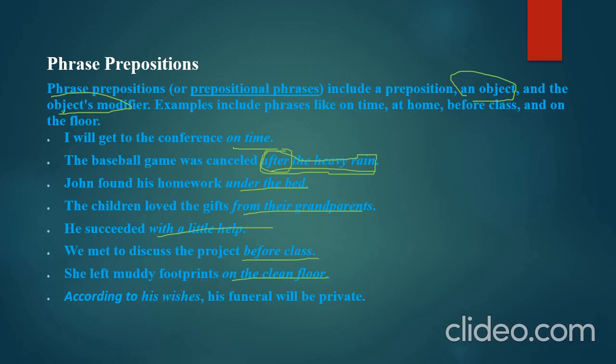According, the whole phrase at the beginning of the sentence is actually a phrase preposition. So it was all about prepositions. We have discussed 5 types of prepositions.